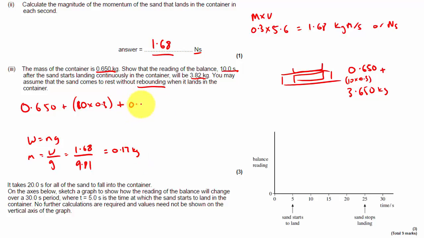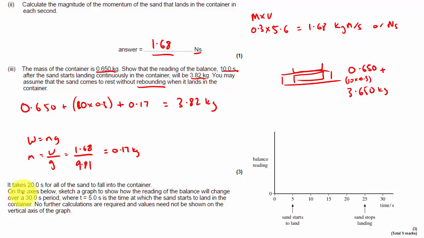Just because of the sand landing on it. Okay, and when you sum all this together, hey presto, we get 3.82 kg. So again, 3 marks for that, and you have to show your working if you want to get the marks for it, because obviously they've given you the answer. You've got to show the examiner that you understand where the answer came from.